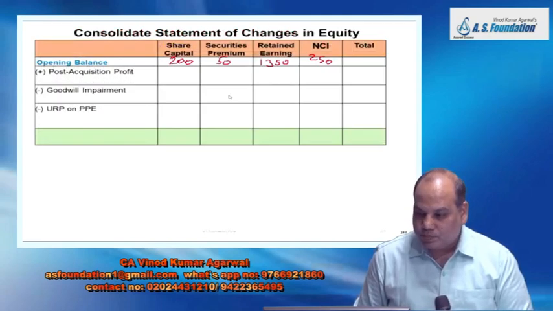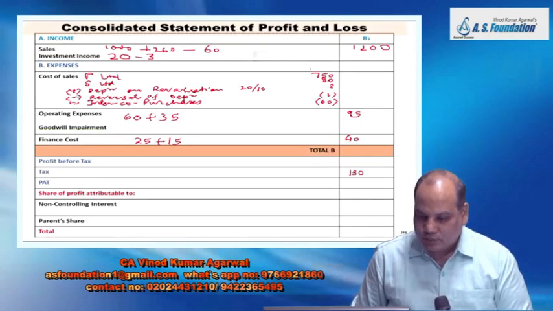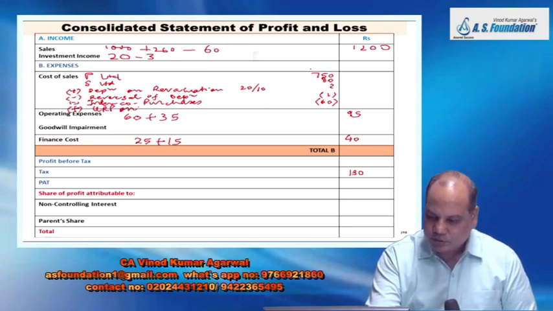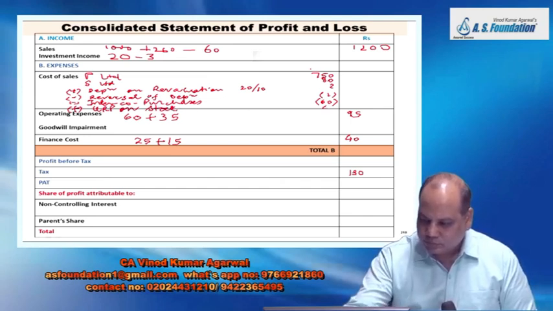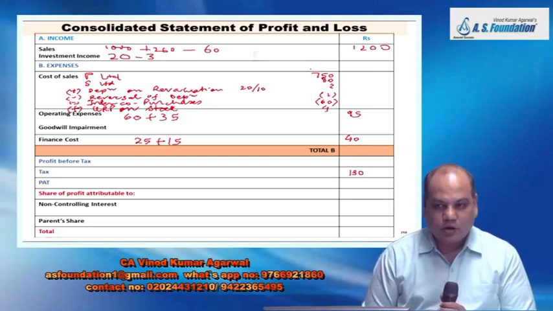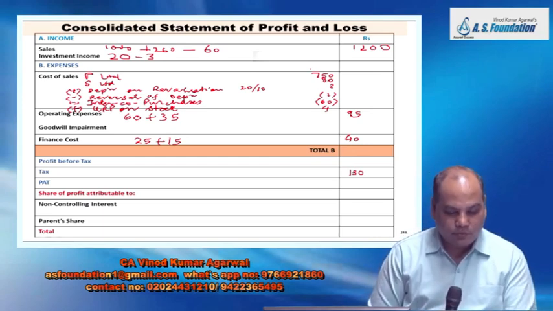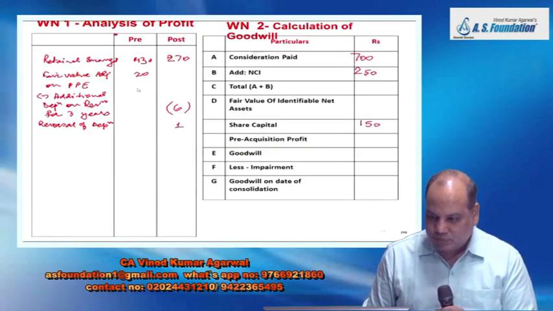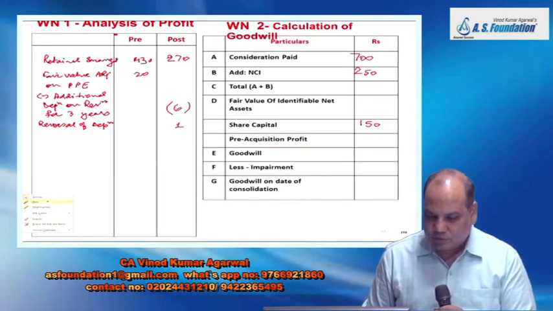Then we'll go to P&L account also. In that cost of sale, you will add unrealized profit on stock 4. And then you go to the pre and post working also.